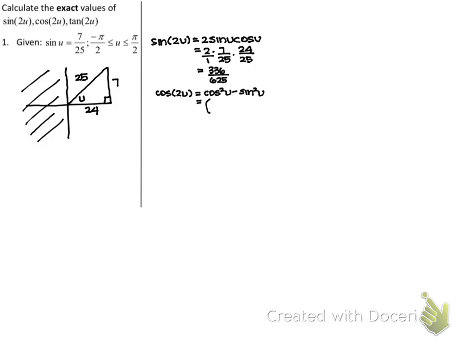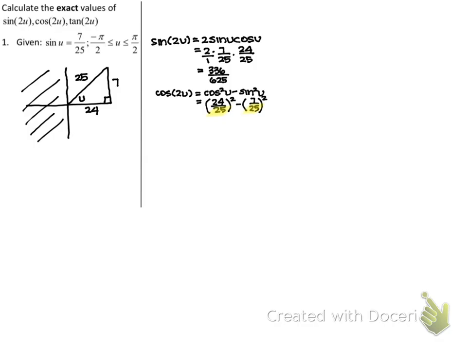If I put my cosine in and my sine in, you'll notice, and this is the thing that seals the deal for me, that the denominators already match. So when I square these, the denominators are going to match, and then I can just subtract the numerators. I don't have to go through the process of getting a common denominator.